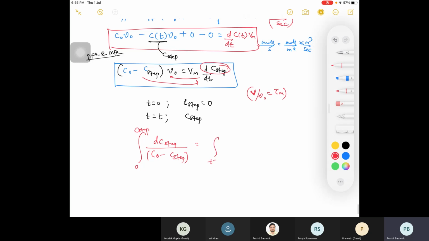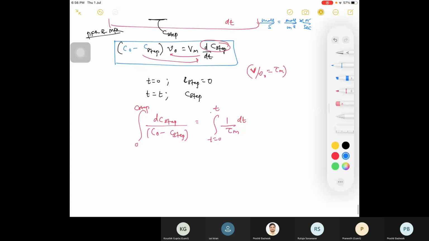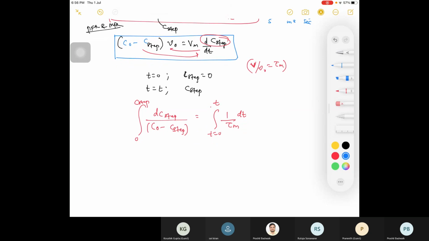Here it is t equal to 0 to time t, 1 by tau m dt. Can you guys please integrate? Ln of C naught minus C step by C naught is equal to t by tau m.